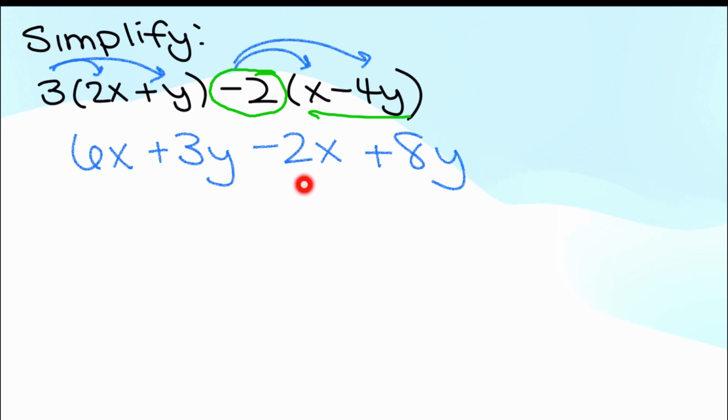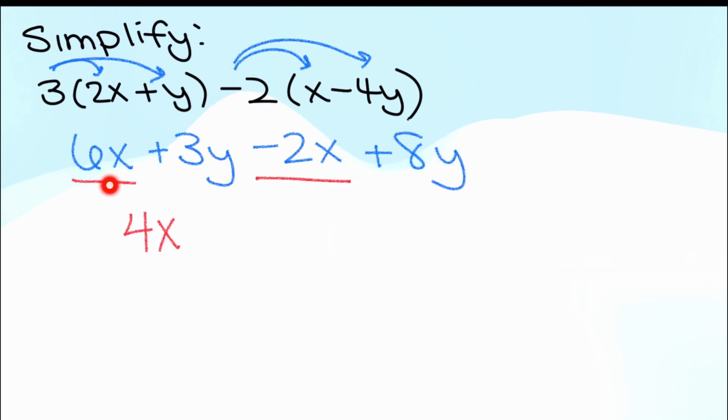That's going to give me negative 2x, and then minus 2 times minus 4y, that's going to become a plus. Negative times a negative is a plus. So minus 2 times minus 4y becomes plus 8y. Finally, let's see, we've got some like terms. 6x minus 2x.